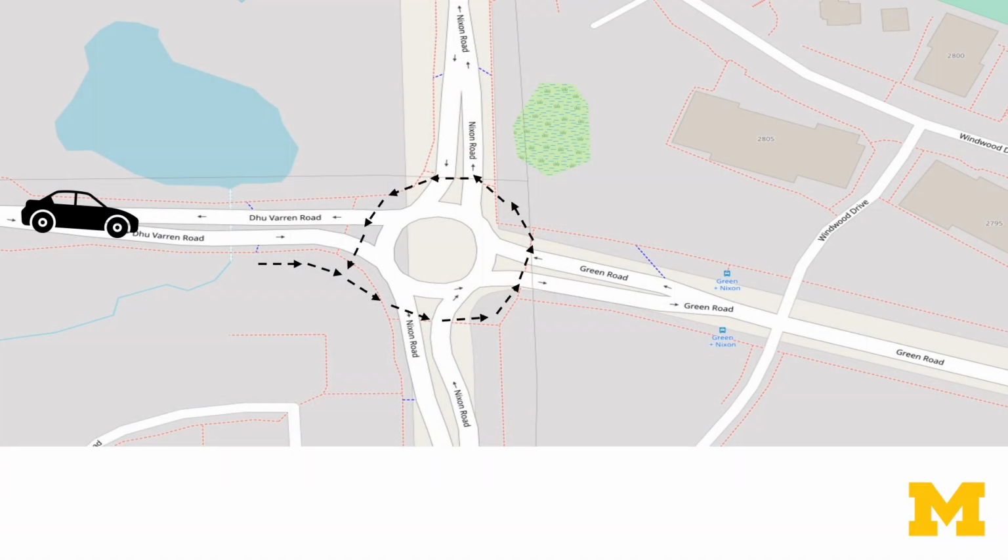So what happens when we go around our roundabout, our lovely roundabout? Well, remember in a roundabout, we could be going at a very constant speed around the roundabout, say 20 kilometers per hour, but we're changing direction all of the time, and that is an acceleration.